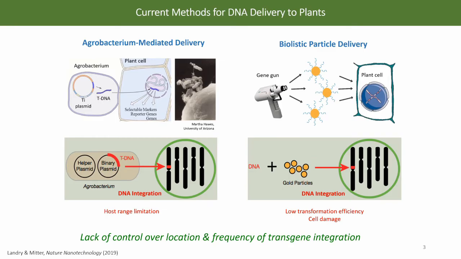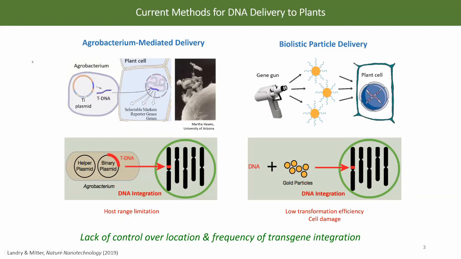And they're depicted here, the first of which is a biotic method, so specifically agrobacterium-mediated delivery, in which we take advantage of a pathogen-plant interaction in which agrobacterium can be genetically manipulated at the bench to contain a gene of interest that can then be transfected into plant cells, integrated into the plant host genome, and producing transgenic plant tissue that can then be regenerated into transgenic plants.